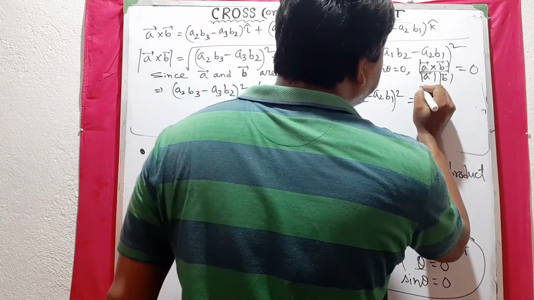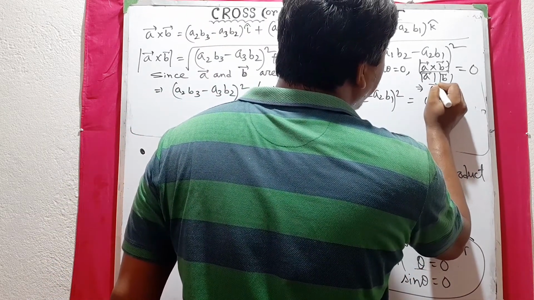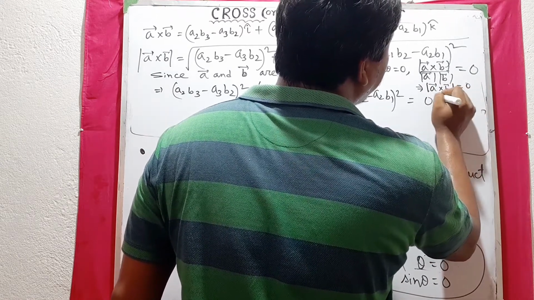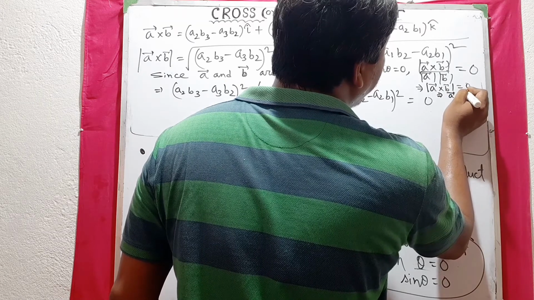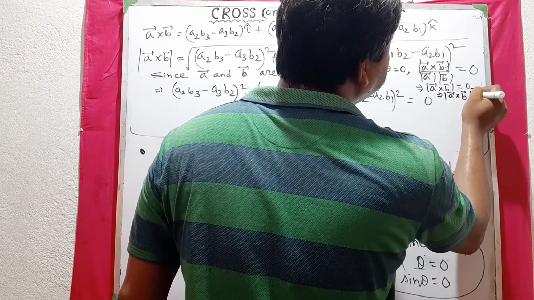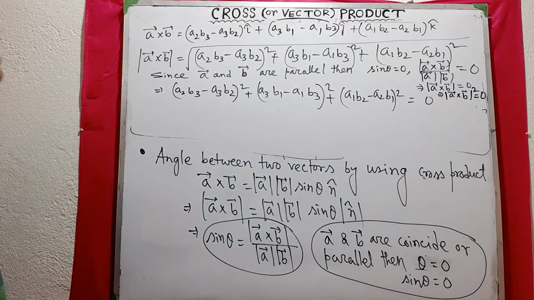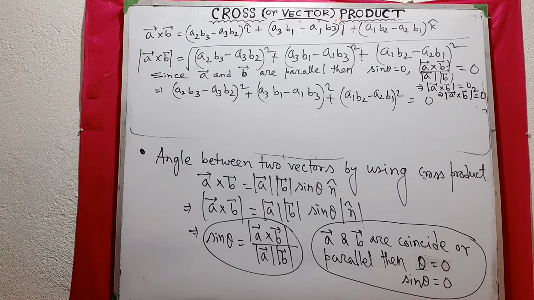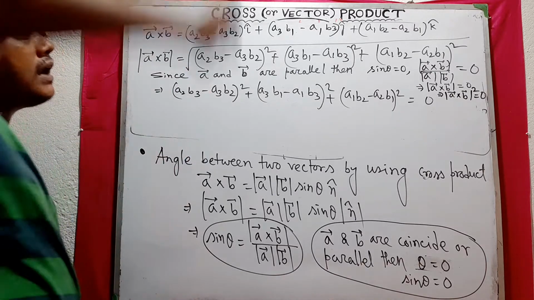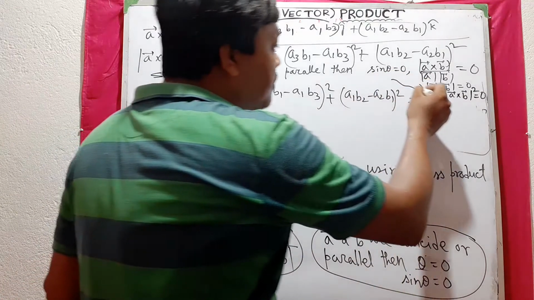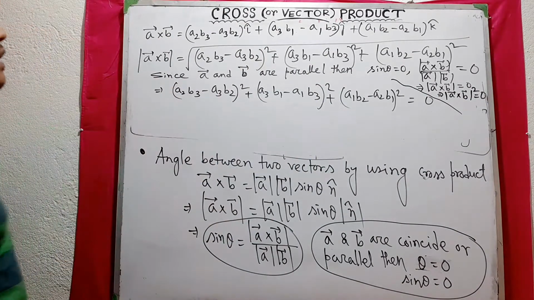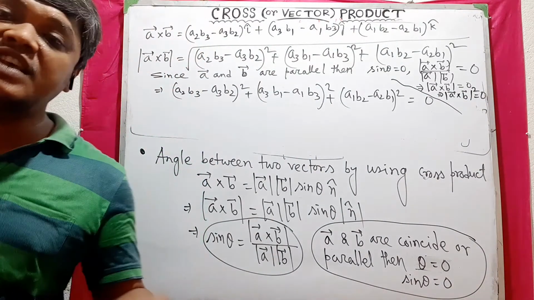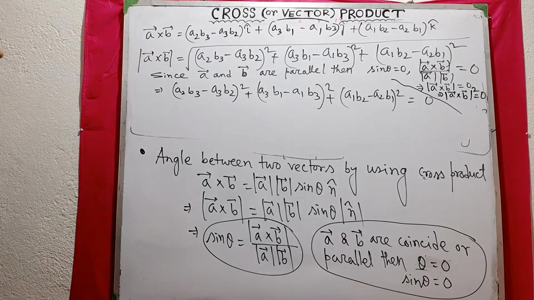I am simplifying a little further: mod of a cross b equals 0, and mod of a cross b whole square equals 0. I squared both sides, so then this implies (a2b3 minus a3b2) square plus the other squares equals 0. Each square, the sum is equal to 0, so they are separately also equal to 0, if each is a square.